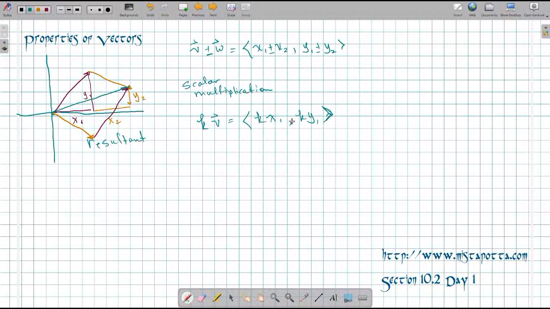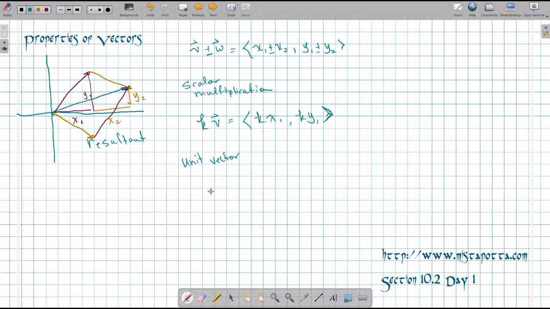There's one other concept that we need to talk about, and that's the concept of a unit vector. Just like in pre-calculus, when we talk about a unit circle, it's very important to deal with the circle that has a radius of 1. It's going to be very important for us to deal with vectors which have a magnitude of 1.